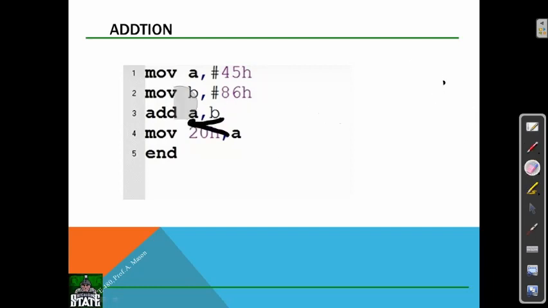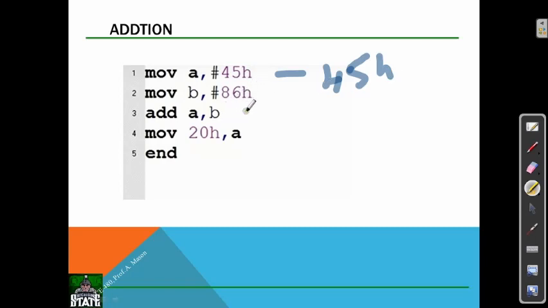This is a normal addition program. If you give 45H, first we write MOV A, 45H. So what happens here? This 45H value is moved to the accumulator.